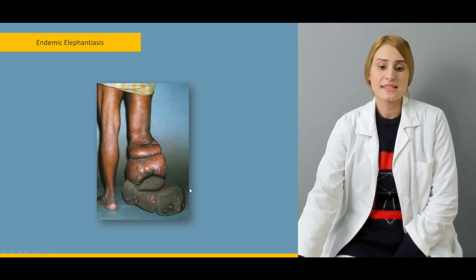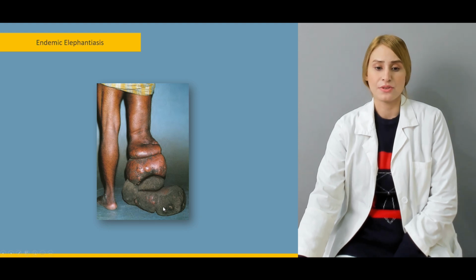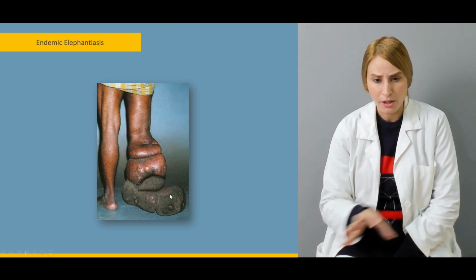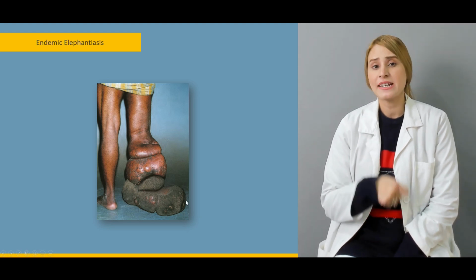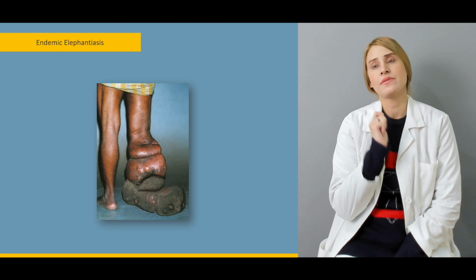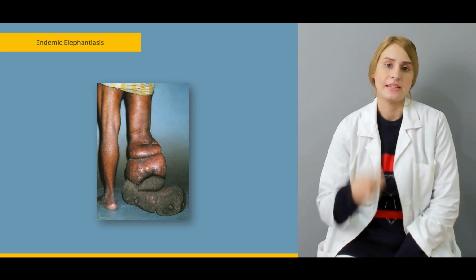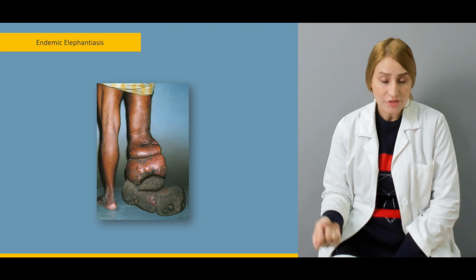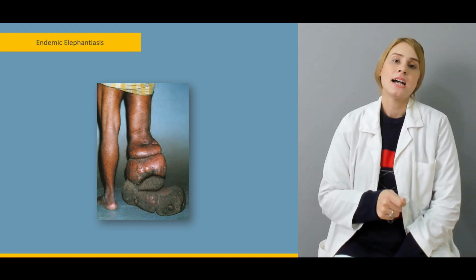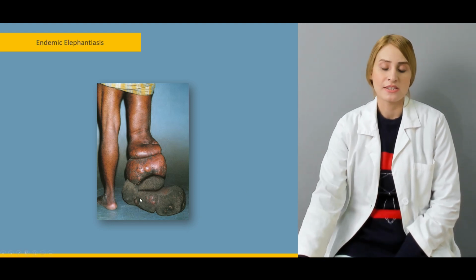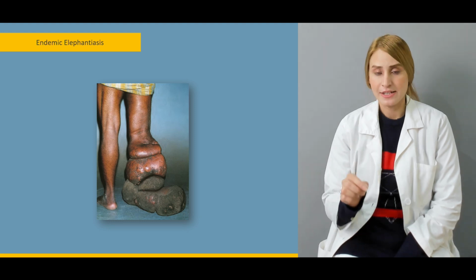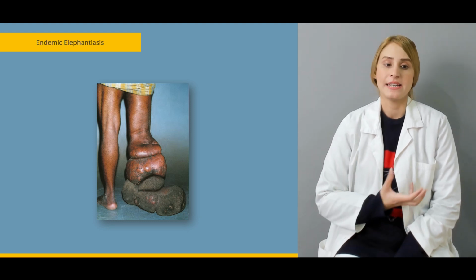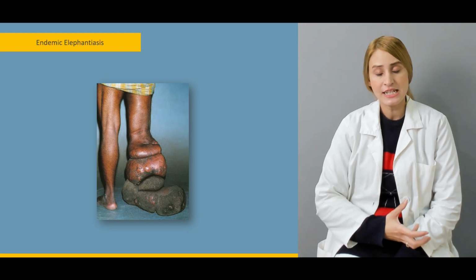So this is the extensive involvement, and you can appreciate extensive fibrosis and gangrene. Not only is there obstruction of the lymphatic channels, but they ultimately develop chronic venous insufficiency. Because of that, the patient ultimately develops the ulcerations you can see, and gangrene as well. Why do we call it endemic elephantiasis?